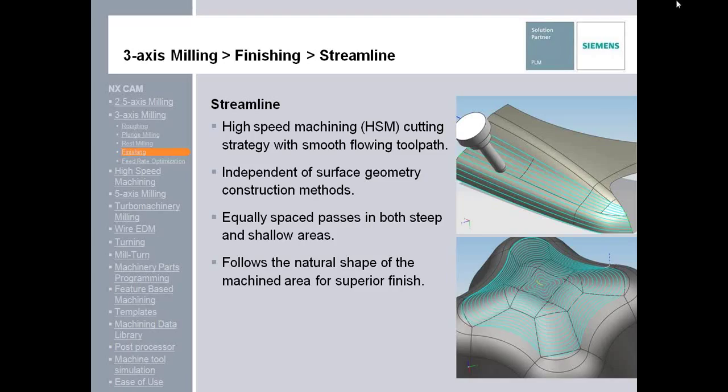So in areas that we see on this part where there are multiple surfaces, traditional CAM software, I should say, will treat each one of these surface faces independently, and you'll see your tool path jump around. With streamline, it makes more of a nice, even flow across that surface, which provides a more natural shape of the machined area for a much better surface finish.